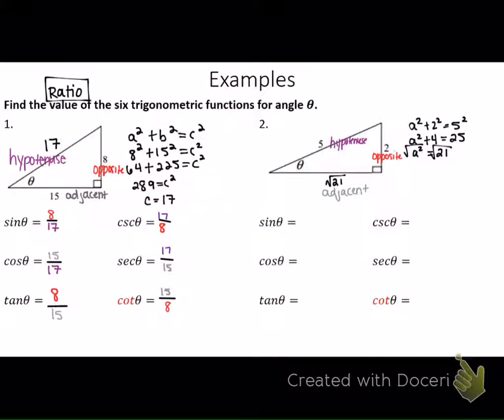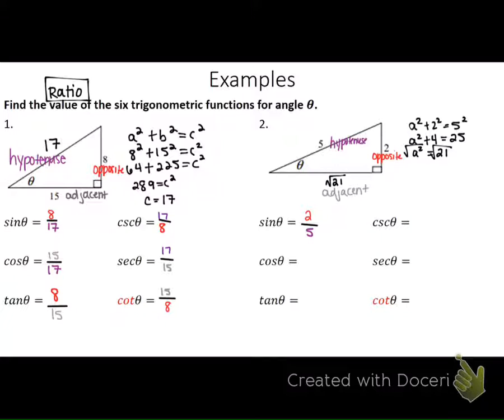Okay, so Devin, what is my ratio of the sine of this one? 2 over 5. Sine is opposite over hypotenuse. Yes, Casey.